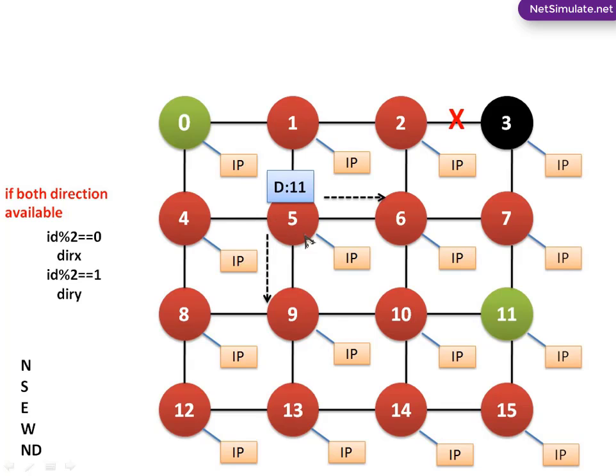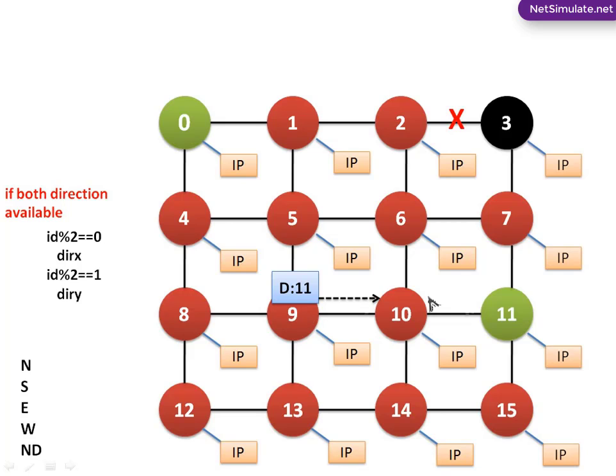So this is node 5, having ID 5 mod 2, which is 1, so the y direction will be opted and this packet will be sent in the y direction. Next, node 9 compares its x coordinate with the destination x coordinate. This x coordinate means the number of the row in which this node lies. So both are in the same row.